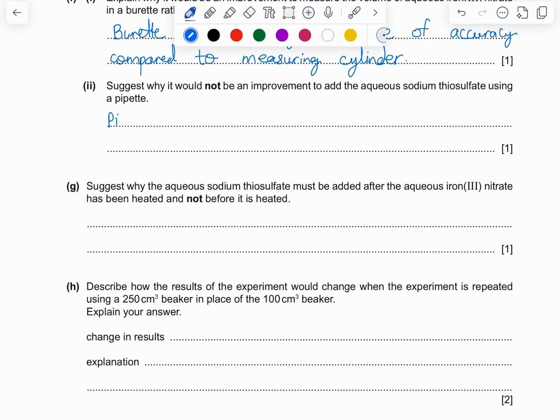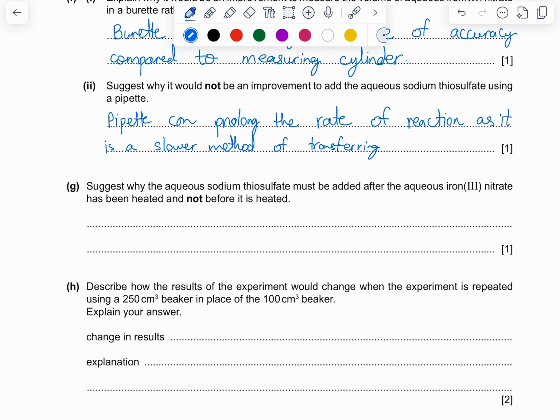So we are going to say pipette can prolong the rate of reaction as it is a slower method of transferring liquid.